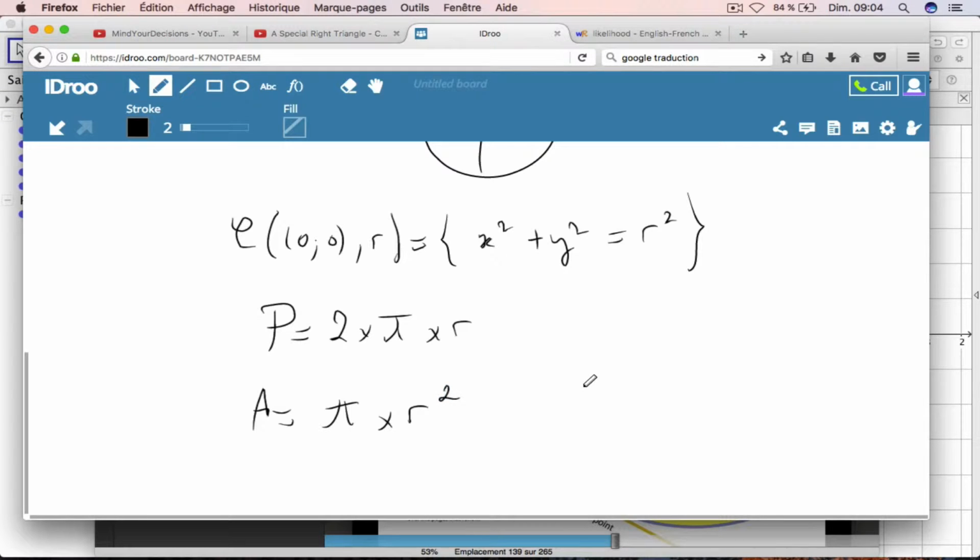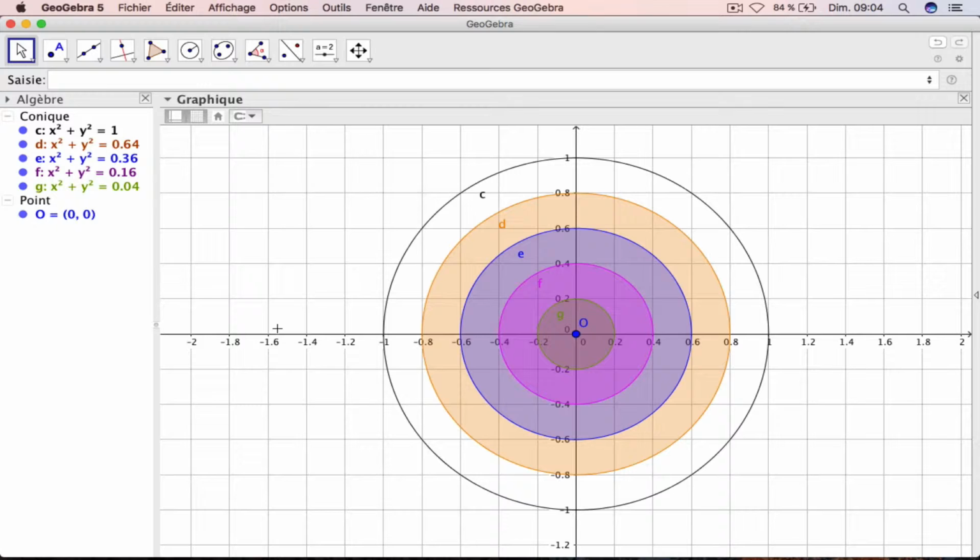Okay, so now we've got this. What I want to talk about today is probability. Look at this target. That's a big circle.